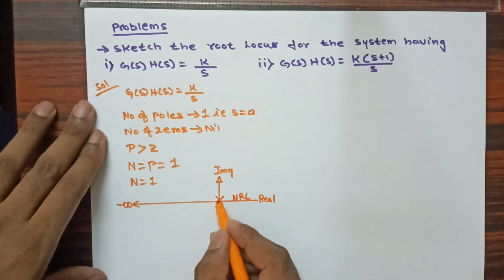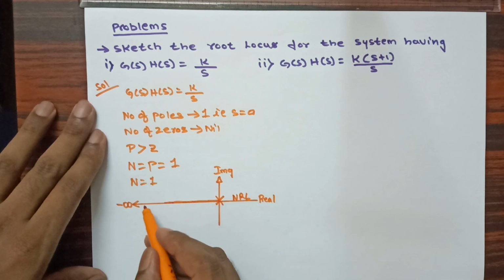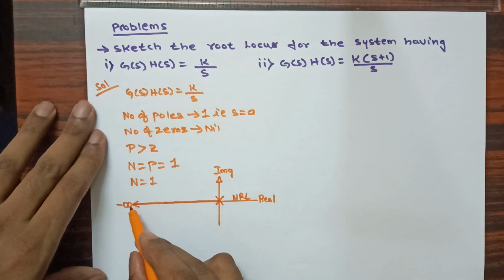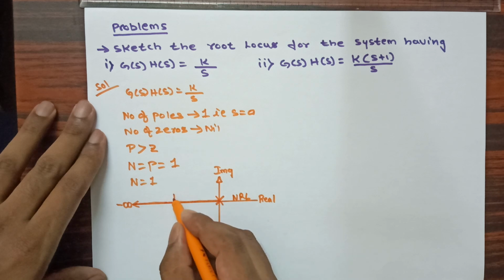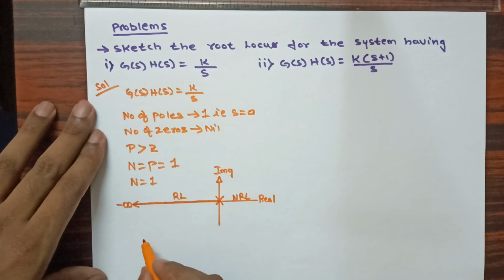From here onwards I am going to consider the root locus path till infinity. Till infinity it is maintaining an odd count, therefore till infinity we consider it as a root locus path. In this way we identify the root locus path.